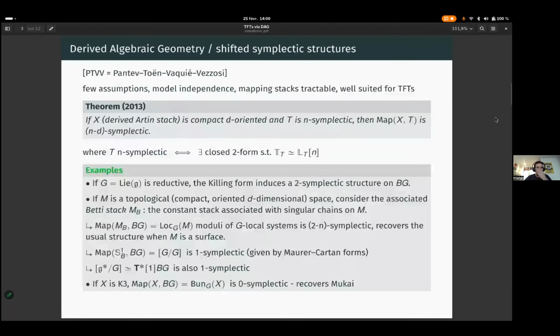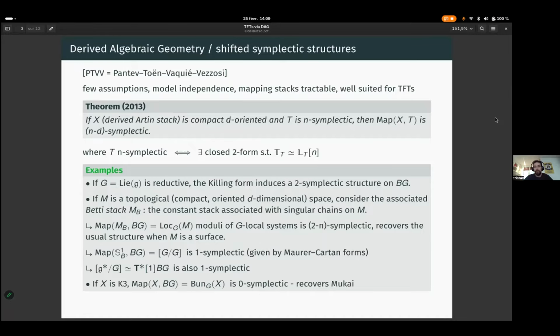All these issues I just mentioned are really well dealt with using derived algebraic geometry, and more precisely the symplectic variant, which is often called shifted symplectic structures. You don't need many assumptions. It's very much independent of the model you pick.